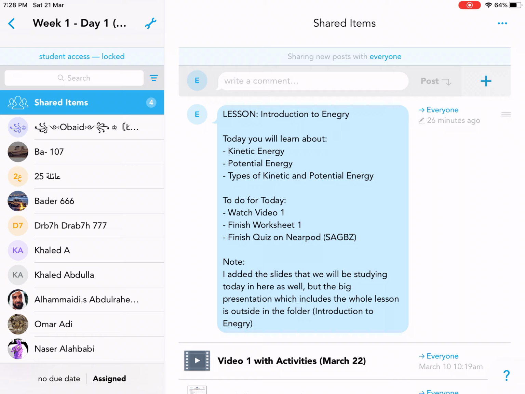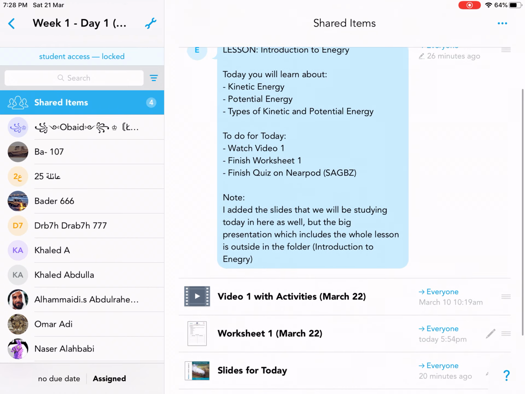Okay, because otherwise I will not know who you are and you will take a 0. If I don't know who you are, I cannot see your work, you will take a 0. Do you understand? Please fix your names, and when you're doing a Nearpod quiz, put your full name. Don't put some weird name. If I don't know your name again, I cannot give you the full mark. All right? I cannot give you any mark if I don't see your work.